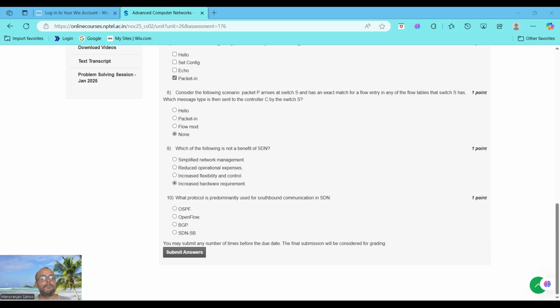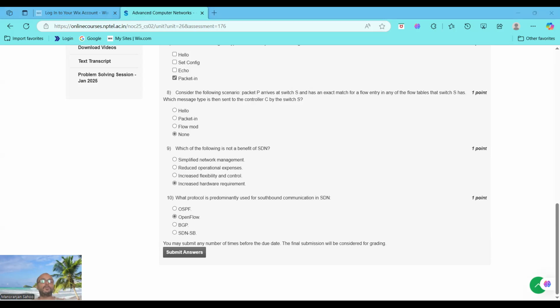Got it? Moving to the last question. What protocol is predominantly used for southbound communication in SDN? That is the OpenFlow protocol. Why is OpenFlow used?